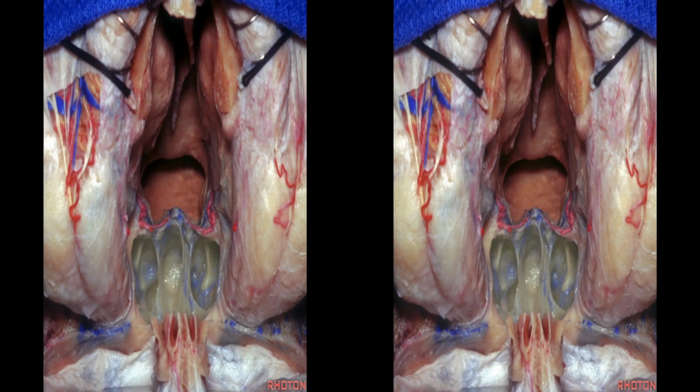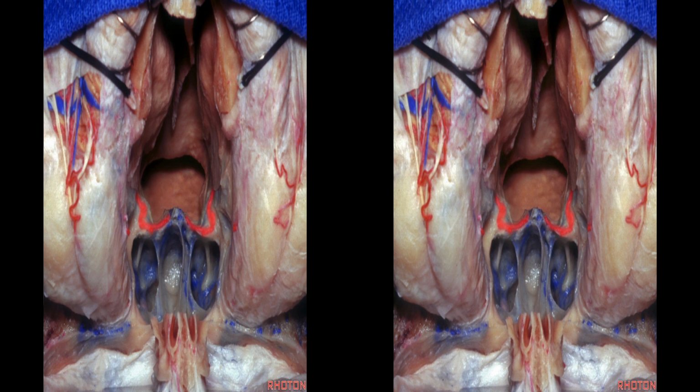sphenoid sinus. Now, running along the lower margin of the sphenoid sinus are arteries that arise from laterally from what arteries? These are sphenopalatine arteries that are branches of the maxillary arteries that run through the infratemporal and pterygopalatine fossa.